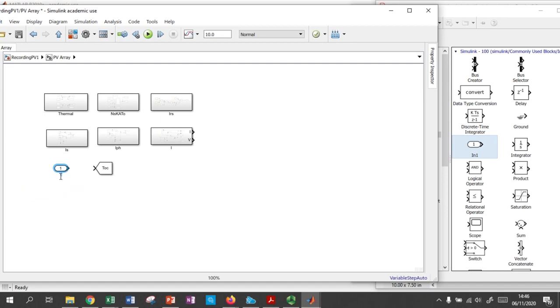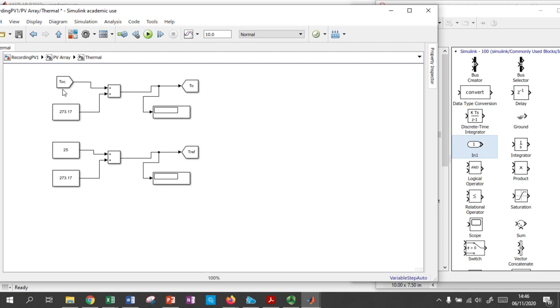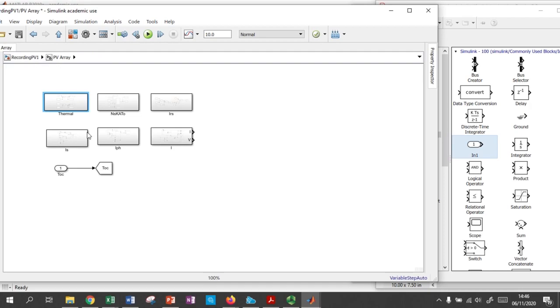They are counted as the input. Okay, we will count this one to this. Now, if you go to the TOC, you can find that TOC, which is connected to the input, will be considered as the input of this PV array.